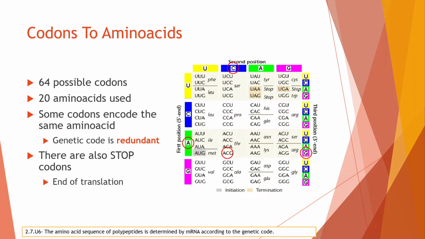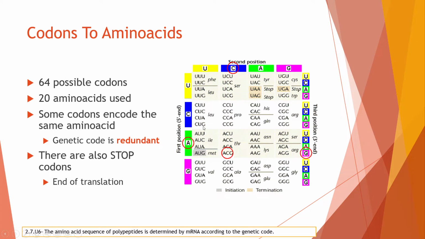First, you have to find the part of the table which encodes for the C at the first position. Here, first position is the left margin of the table. The C is this blue row. So we know in which row we have to look. Now, if the second position in our codon is U, we have to find the column which stands for the second position U. So this is the first yellow column.